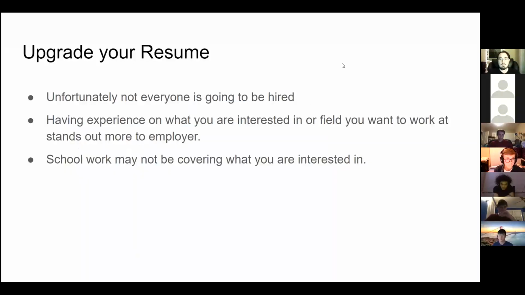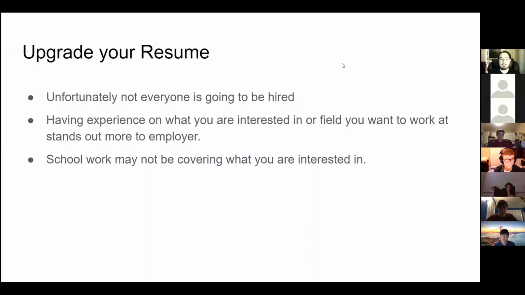And most importantly, resume. So resume is one of the key points to get a job. But unfortunately, not everyone is going to be hired. I saw many people graduated this last semester and couldn't get a job because of coronavirus.